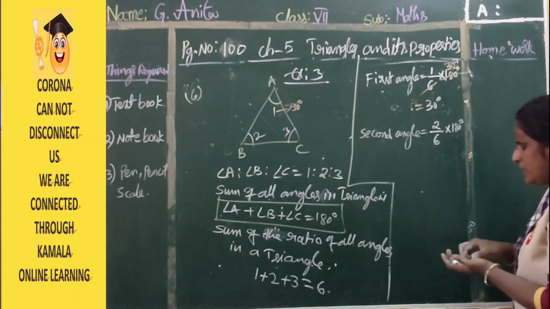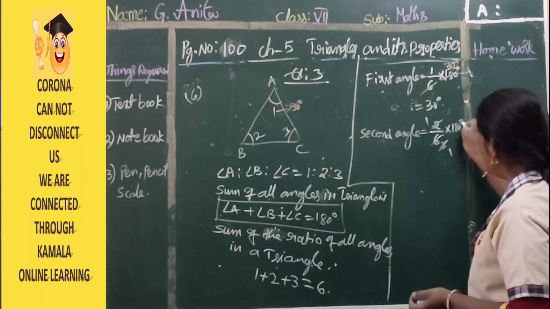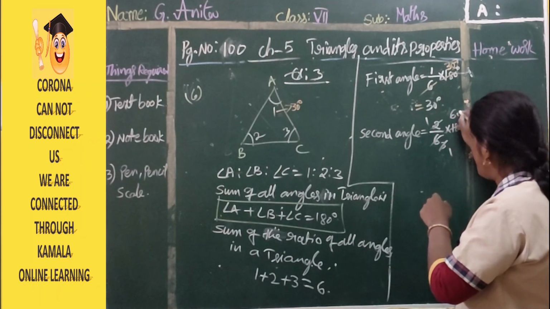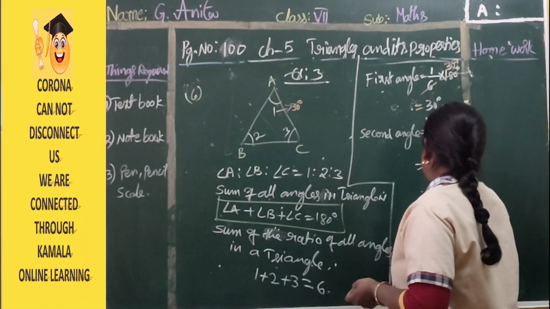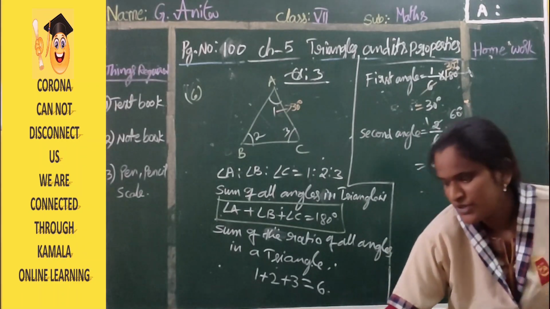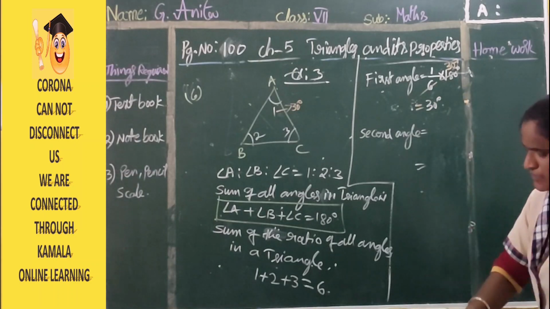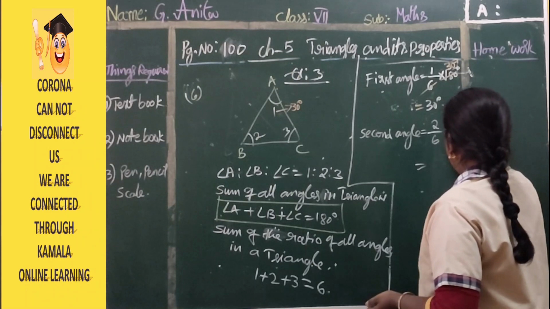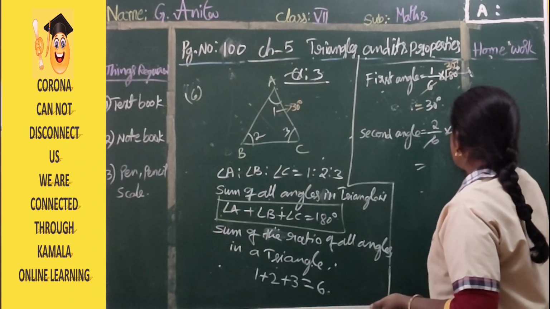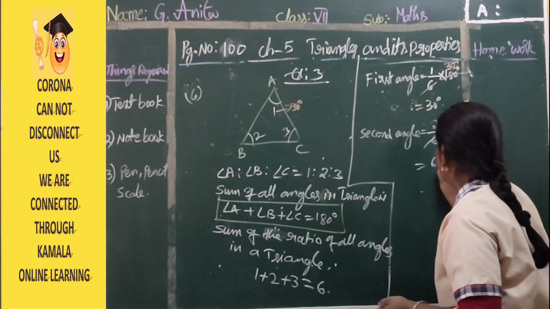If you get confused here, you can take it like this also. Look at the board: 2 by 6 into 180. 6 thirties are 180, so 2 into 30 is 60 degrees.